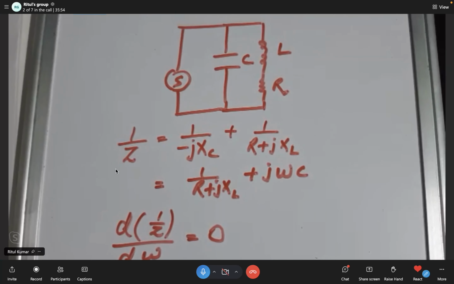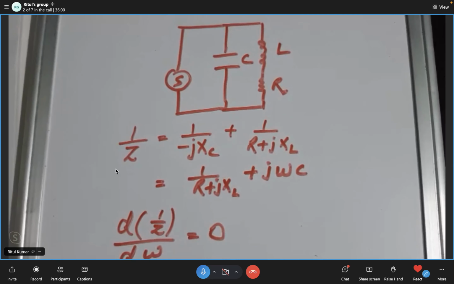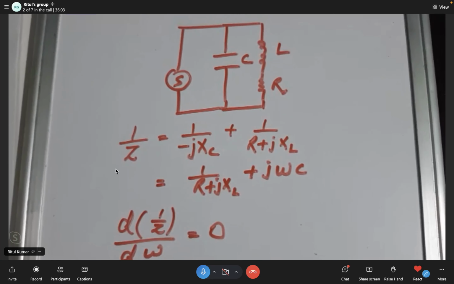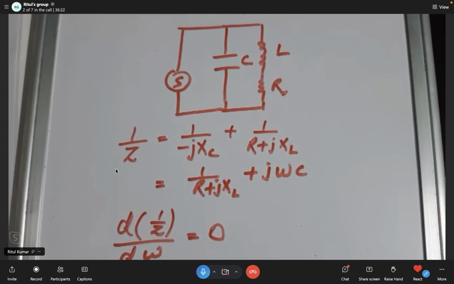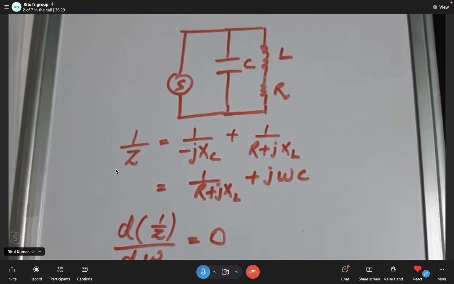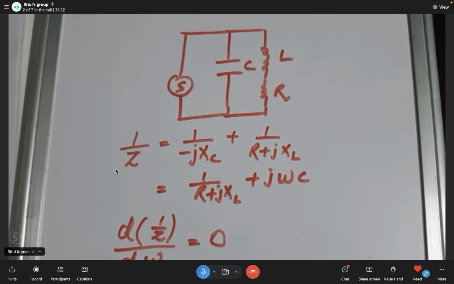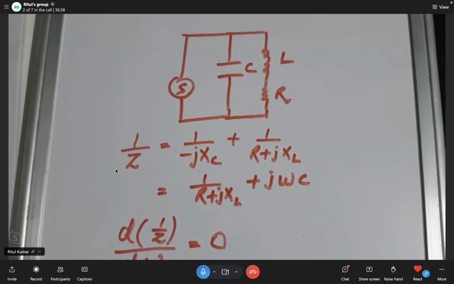Yes, sir. So 1 by Z basically becomes 1 by R plus J omega L, plus J omega C. Now, if you differentiate that with respect to omega, you should be getting ln of R plus J omega L, you just treat J like a constant, divided by JL, plus JC.